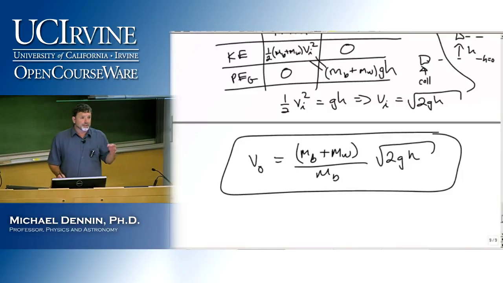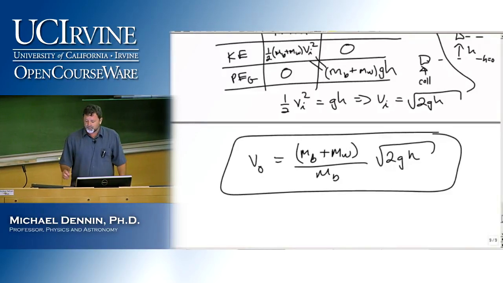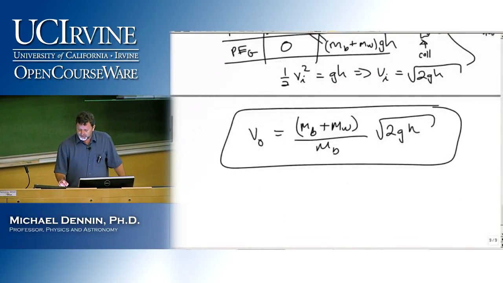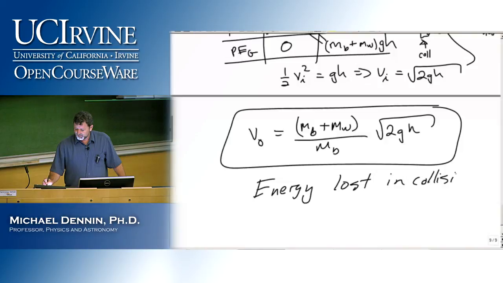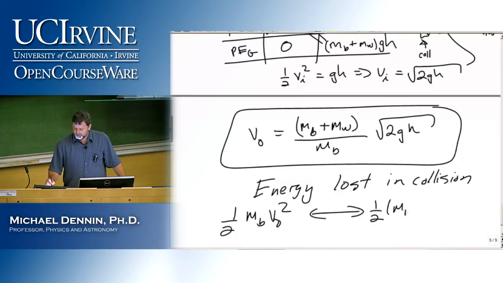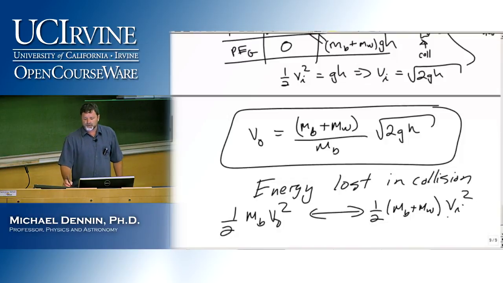Now the final question you might be asked in the 2 minutes we have while you're packing up is how much energy is lost in the collision. And there you're going to compare 1/2 M_B V naught squared with 1/2 (M_B plus M_W) V initial squared. And you'll see that this does not equal that, and there's energy lost. And that's the sort of thing we'll talk about on Monday in collisions.